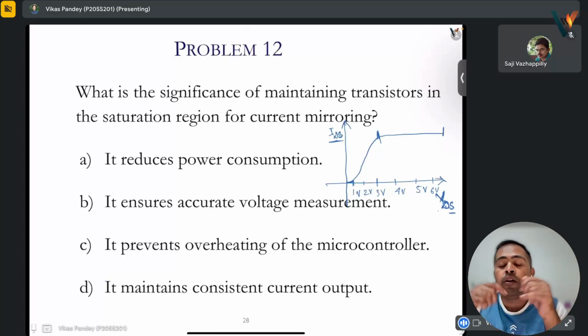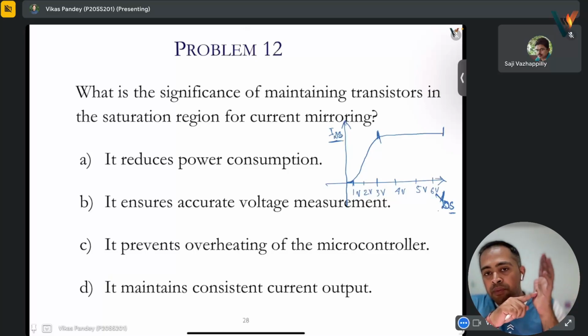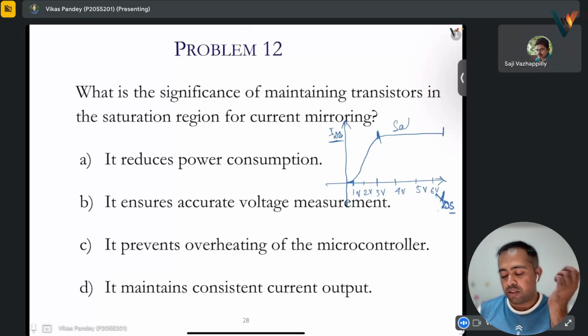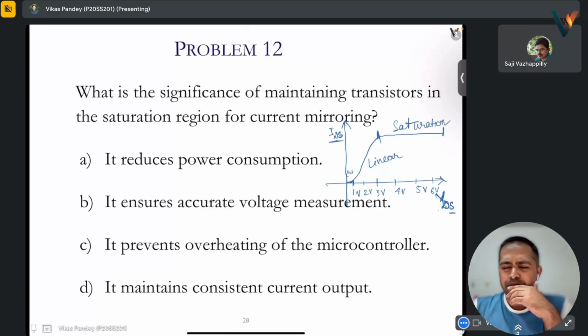From 1 to 3 volt, as you increase the voltage, the current increases. But after 3 volt, the current does not change whatever voltage you give. This is called the saturation region. Before it is cutoff, then linear. When we buy a solar panel, they give this kind of diagram.